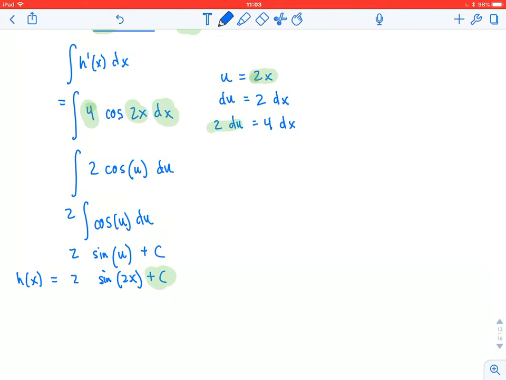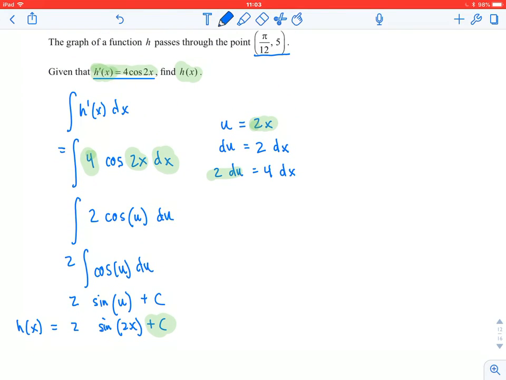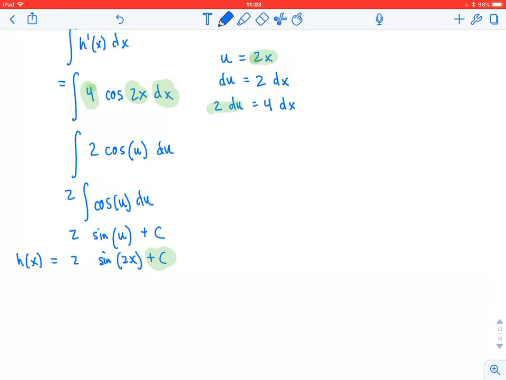So let's now use the second bit of information, the fact that the graph of this function goes through the point pi over 12 and 5. So that means that h of pi over 12 must be equal to 5. So let's substitute this information into our equation for h of x.